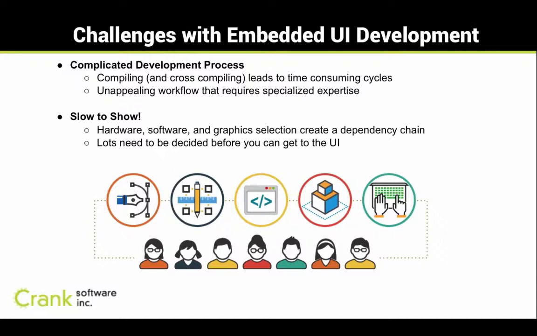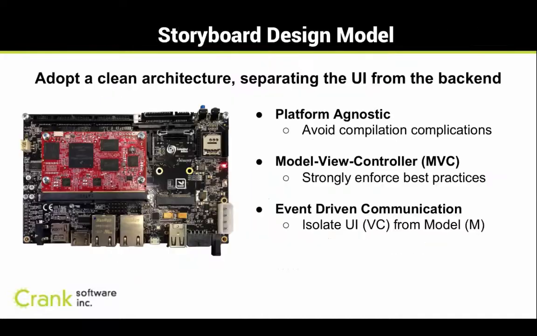So typically we say our traditional development process is this slow to show approach, where because of the compilation, because of the complications, and because this large dependency chain builds up before you can actually see what your user interface would look like on your potential product target hardware, it's just a long cycle.